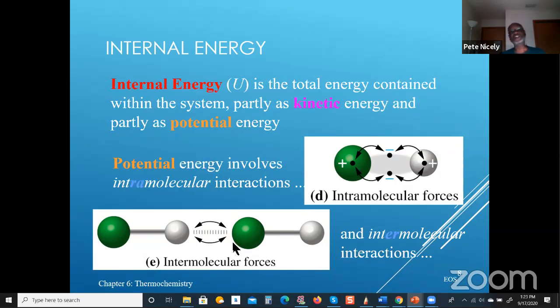These are forces we're going to learn about later on, van der Waals forces, hydrogen bonds, and so on and so forth. But those are basically the two types of potential energy forces.